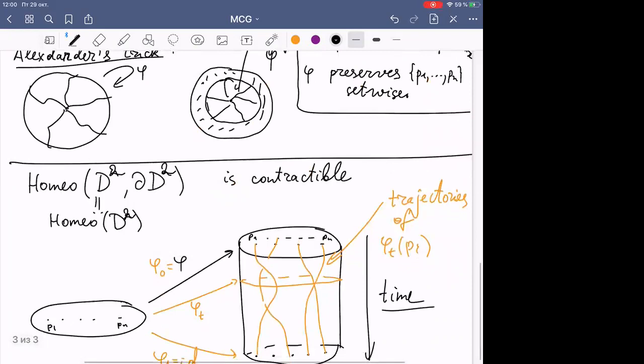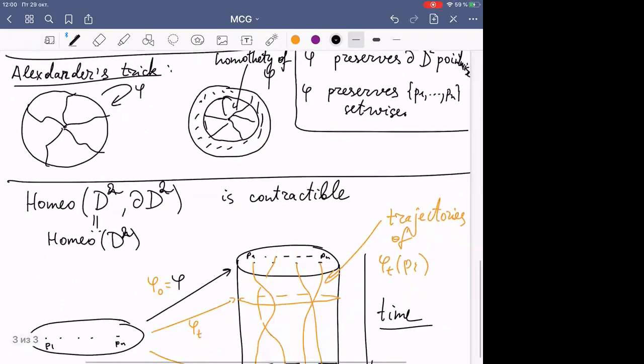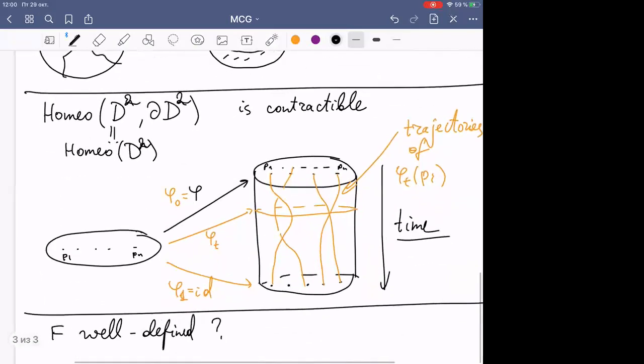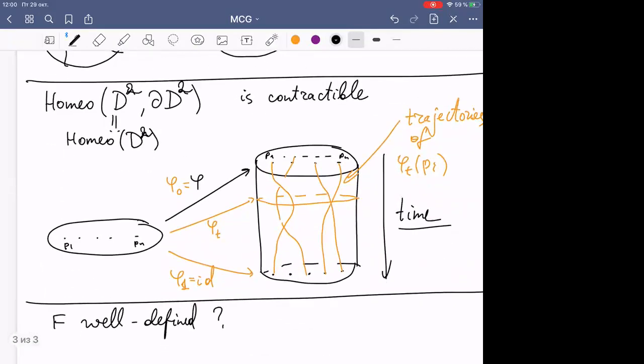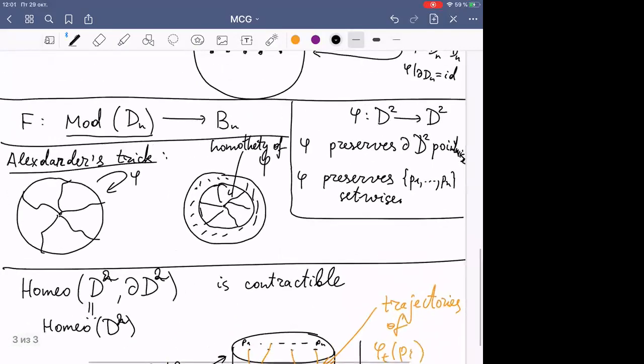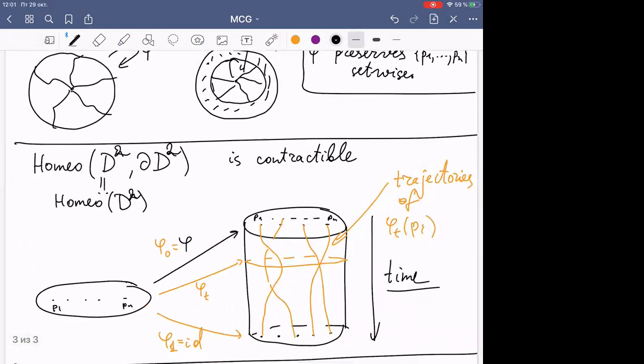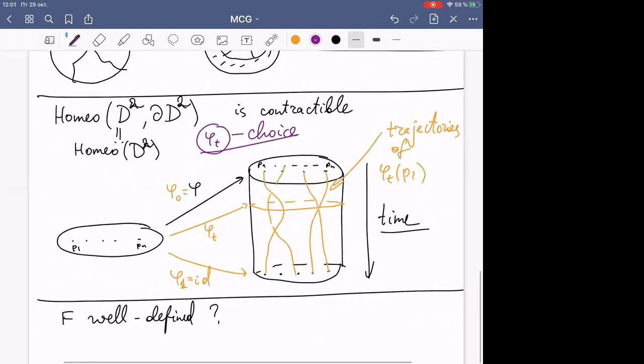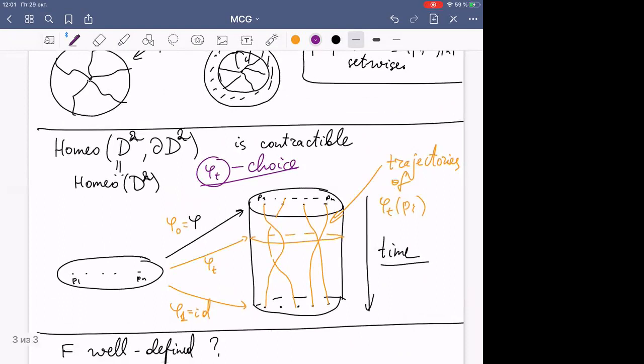The matter is that when we constructed this braid, we made a choice. We have chosen this isotopy Phi. We could choose it differently, but any two such choices are isotopic to each other.